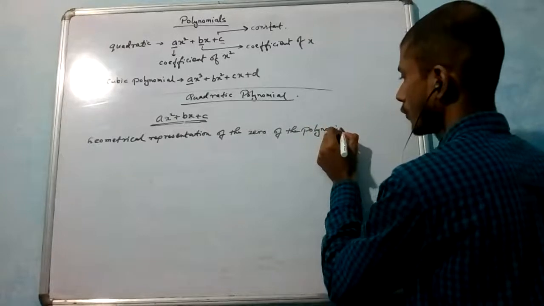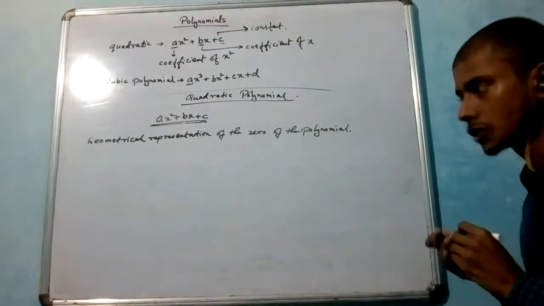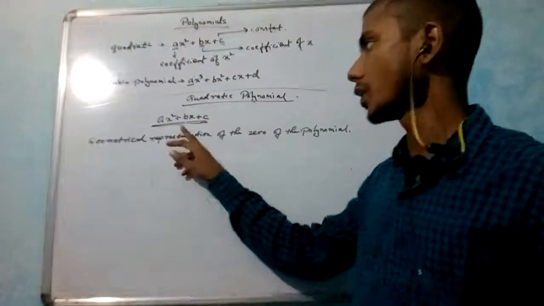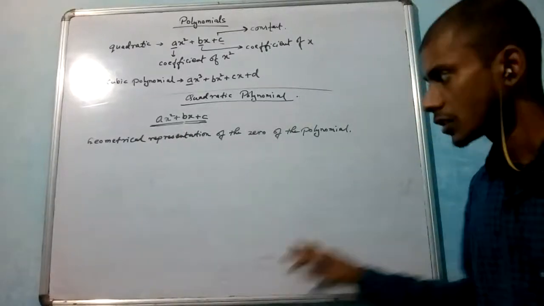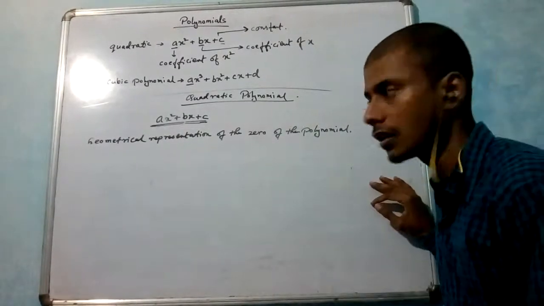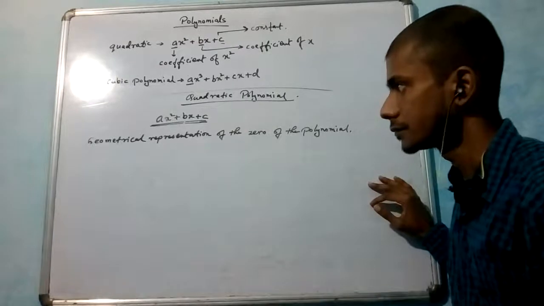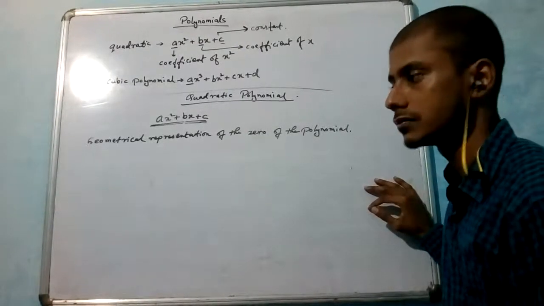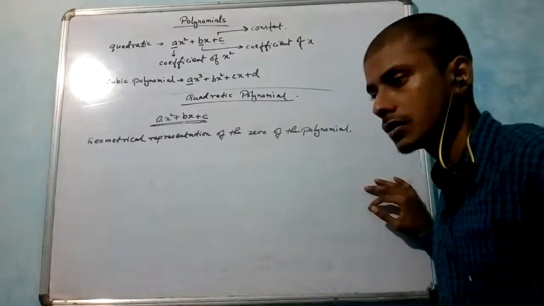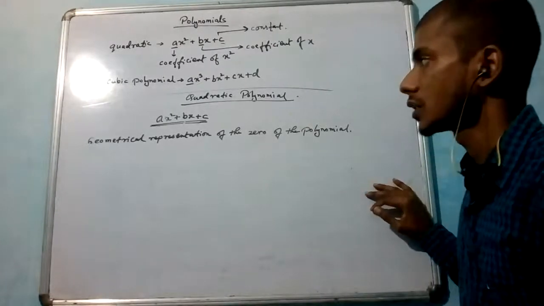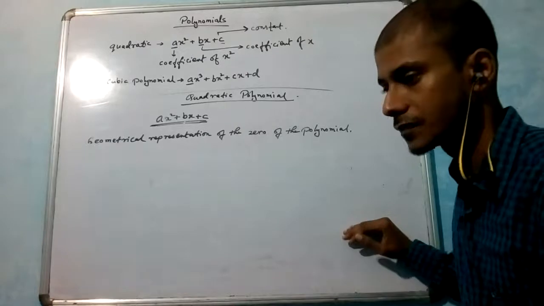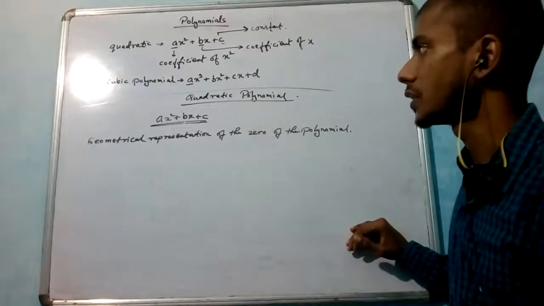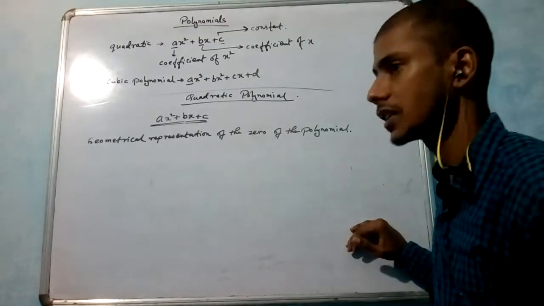One thing we know: whatever equation you take, linear, quadratic, cubic, all can be represented on the graph. We have studied in linear equations that it represents a straight line. So wherever a linear equation or linear polynomial is there, that will represent a straight line.